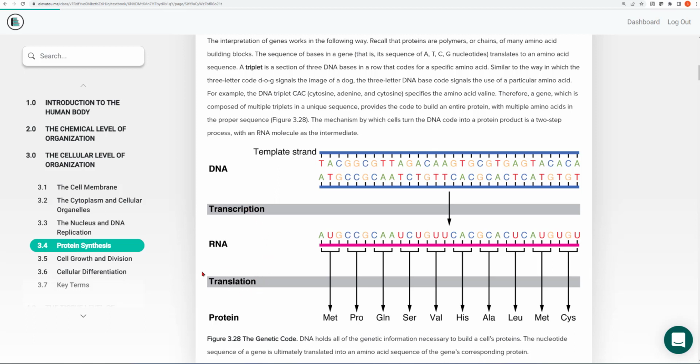And translation happens on the organelle you know as the ribosome. And recall that ribosomes are oftentimes found associated with the rough ER. So translation happens on the ribosome out in the cytoplasm, and the ribosome will then translate this single-stranded RNA sequence into amino acids.